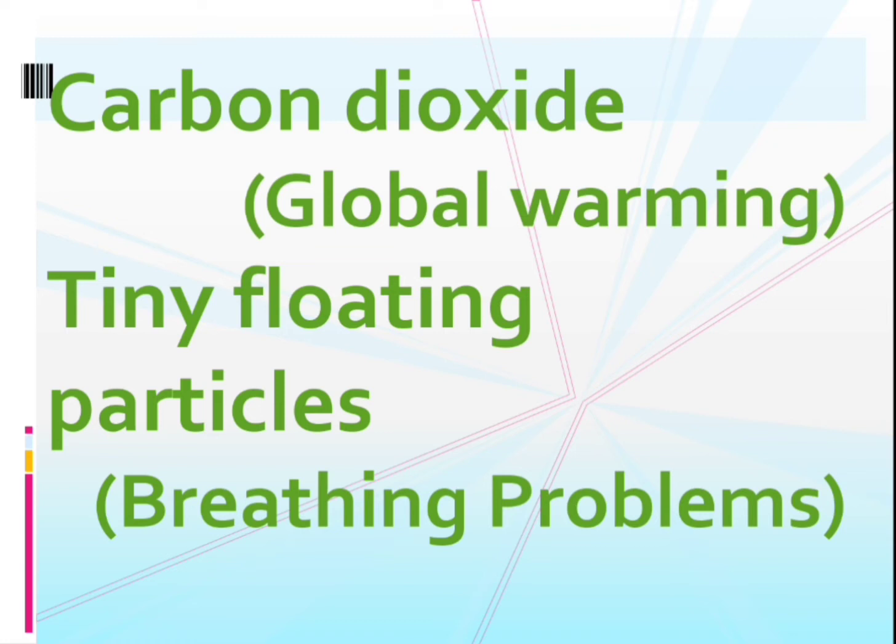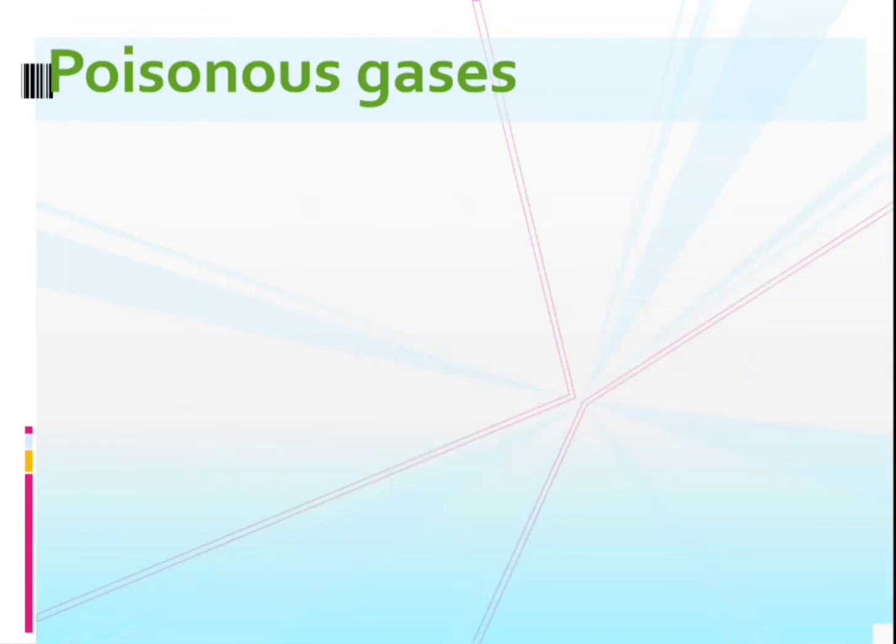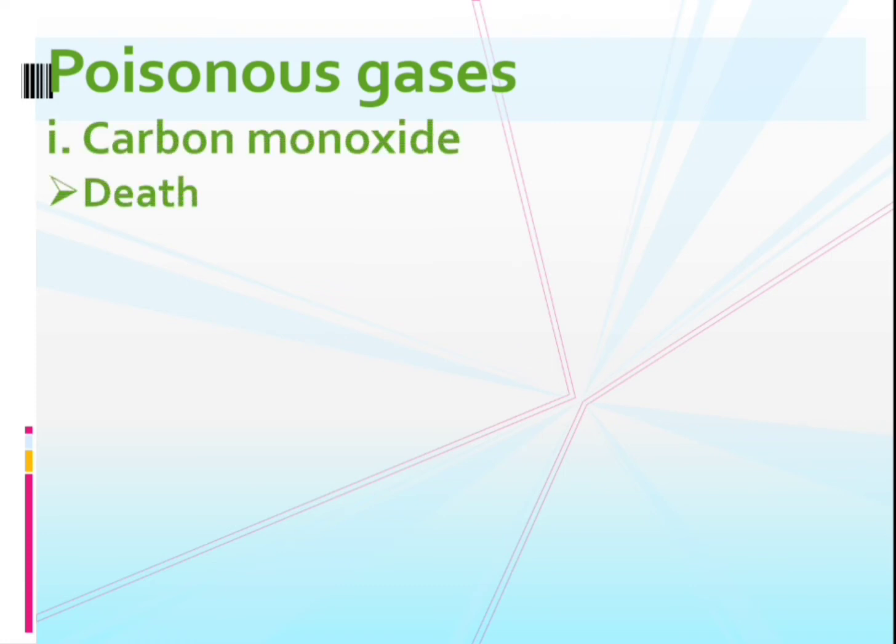Okay, next, coming to poisonous gases. If you see, children, these poisonous gases are carbon monoxide, sulfur dioxide, and nitrogen dioxide. These three gases are very poisonous, and we get them from the smoke from the factories, automobiles, or the earthen chulhas. First, carbon monoxide.